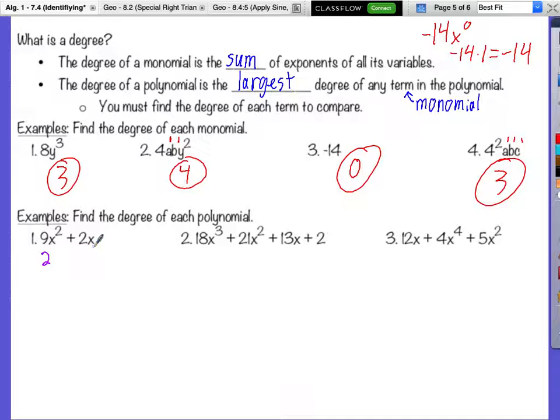What's the degree of the second one? 1. Which one of them is bigger, 2 or 1? 2. So what's the degree of this polynomial? 2. I want you guys to do the second and third one. When you're done, or if you have questions, raise your hand, please.